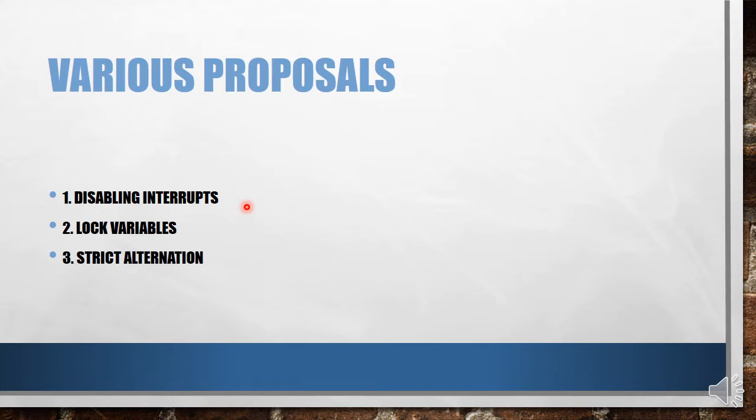If an interrupt occurs while the list of ready processes, for example, is in an inconsistent state, race conditions could occur. The conclusion is, disabling interrupts is often a useful technique within the operating system itself, but is not appropriate as a general mutual exclusion mechanism for user processes.